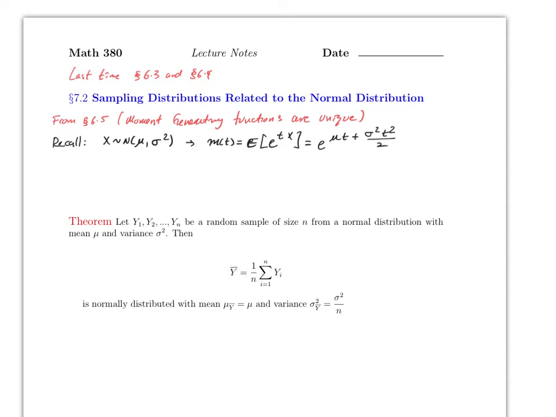So this is the moment generating function in general for a normal distribution. So any function that has a moment generating function that looks like this has to be a normal distribution. And this is very important because the whole chapter 7 is going to be about the normal distribution.